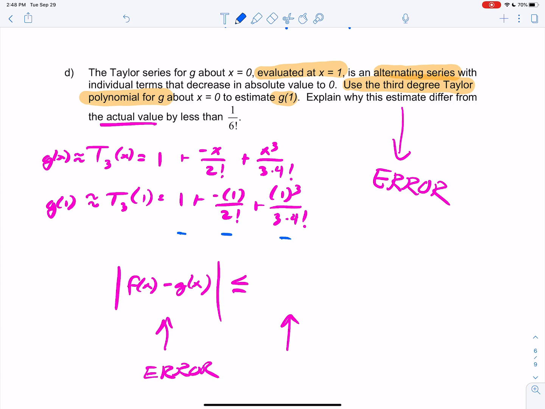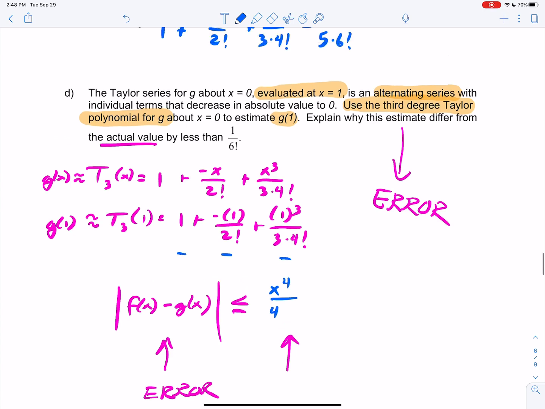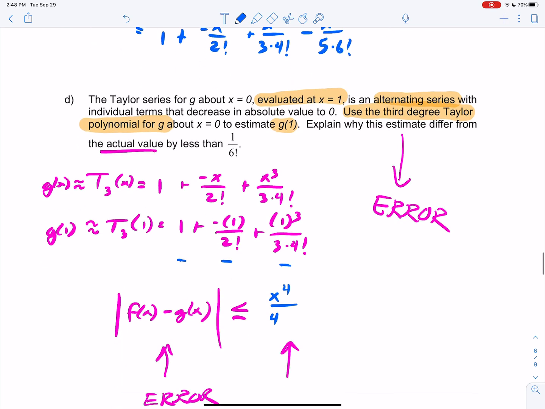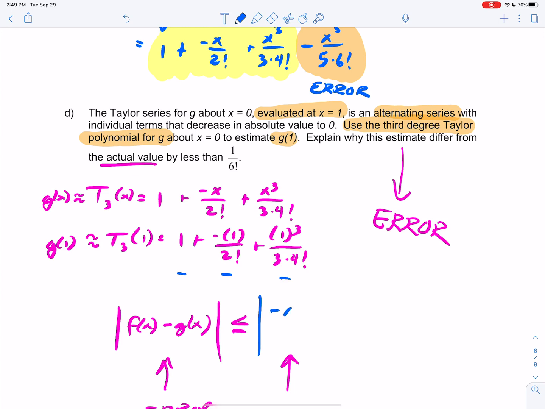So the next available term is right here. Since we used the first 3, the error is going to be based off of the next available term. So that's negative x to the 5th over 5 times 6 factorial.